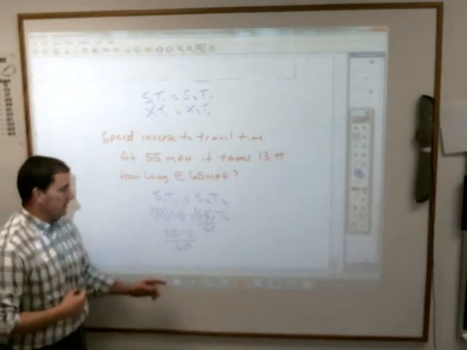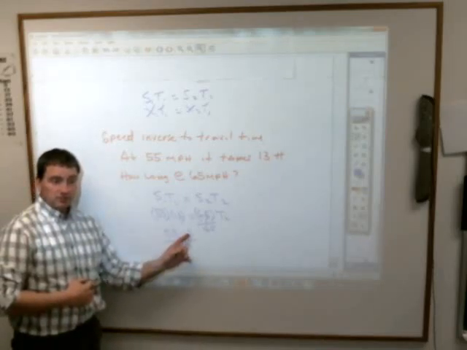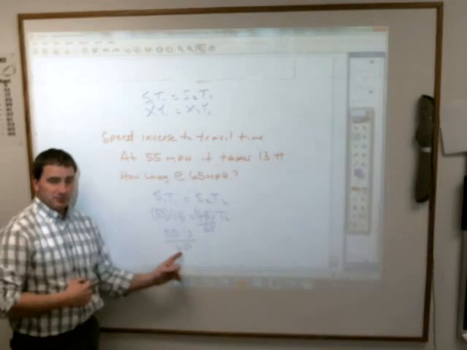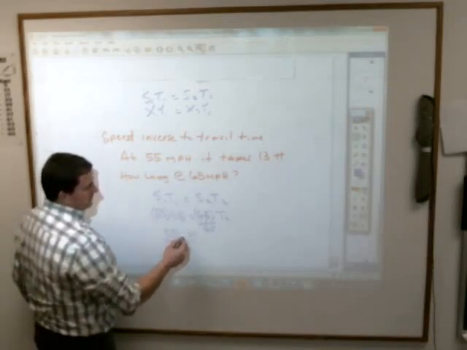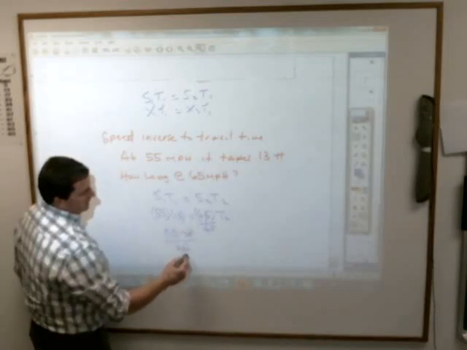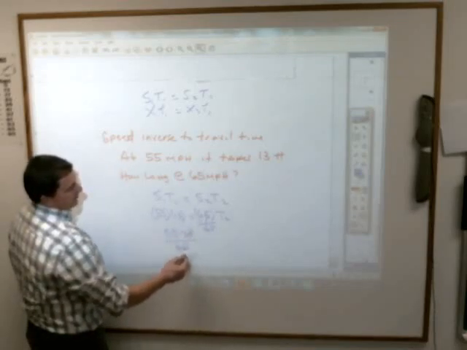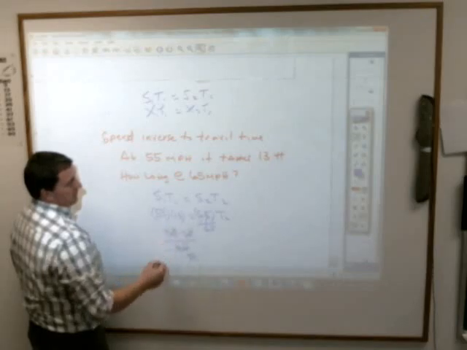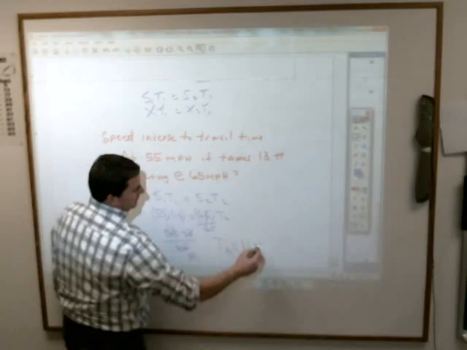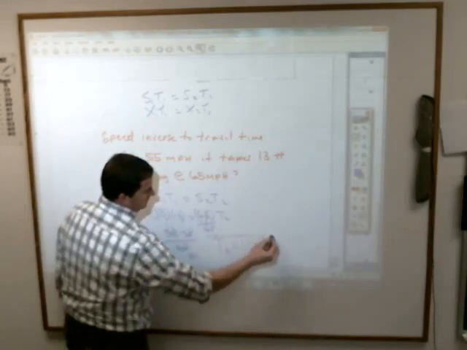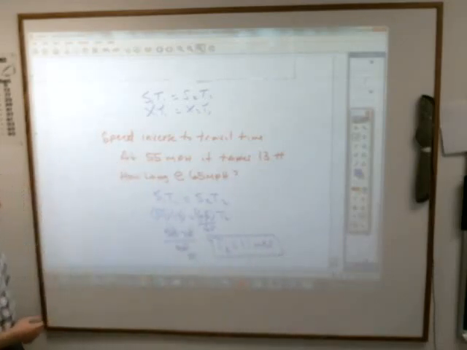Because you can recognize that 13 goes into 65 how many times? 5. 13 goes into 13 once, into 65 5 times, and 5 goes into 55 11 times. So t sub 2 is 11 hours without having to do all that long calculating.